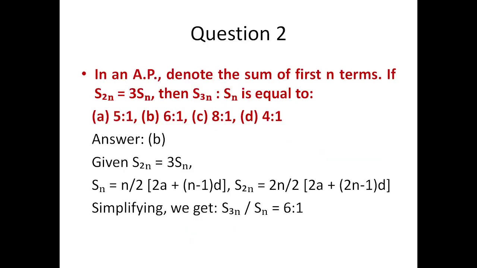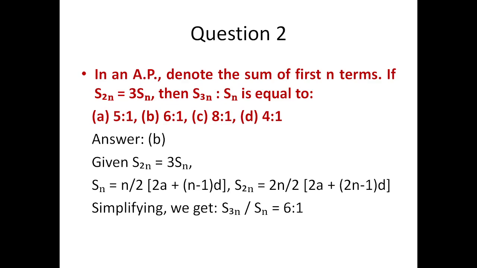Given that in an AP, S_n denotes the sum of the first n terms, the ratio of the sum of 2n terms to the sum of n terms is 3:1. We have to find the ratio of the sum of 3n terms to the sum of n terms.